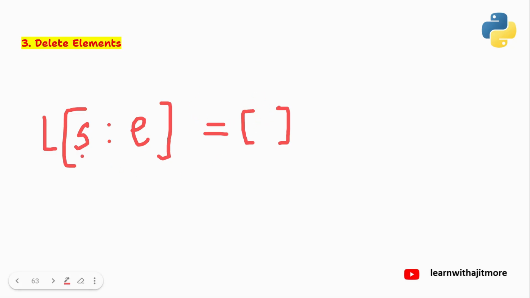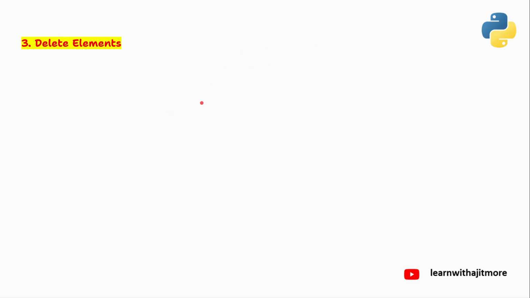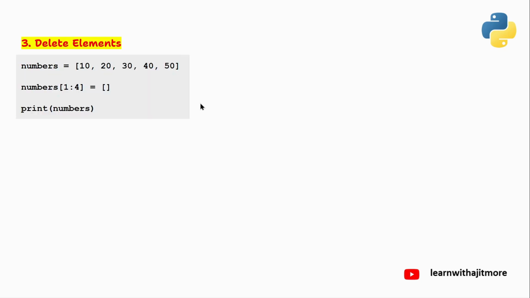Nothing. But how many elements from start till end? तो start से लेके end तक जितने भी element है, वो किससे replace हो रहा है? Nothing. तो ये list shrink हो जाएगा. And elements क्या हो जाता है? Delete हो जाएंगे. Correct?